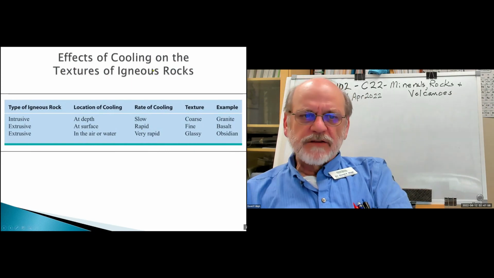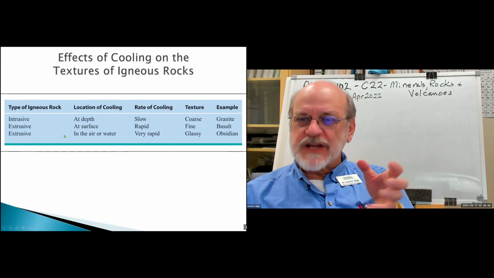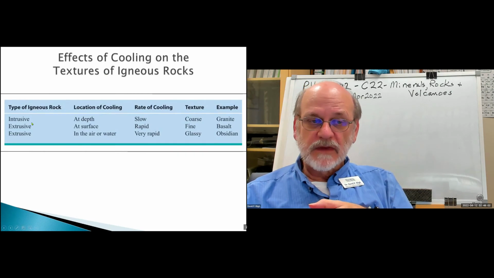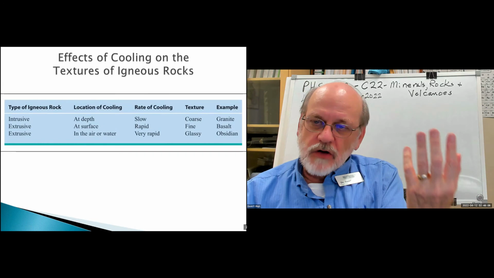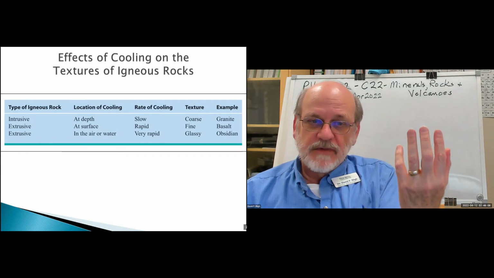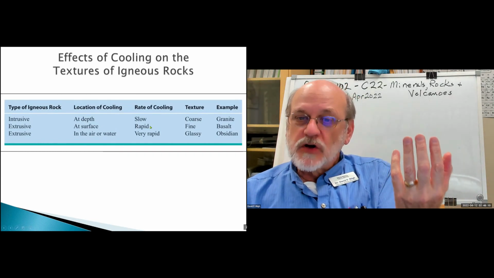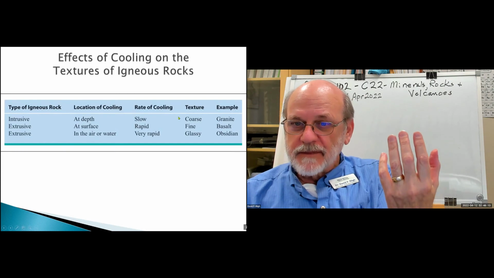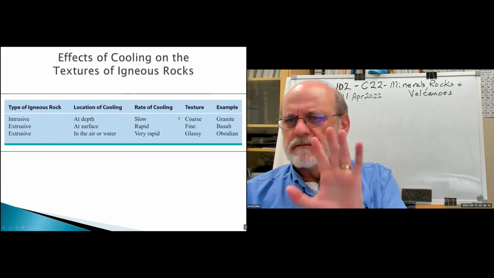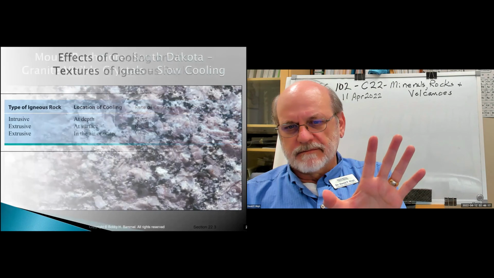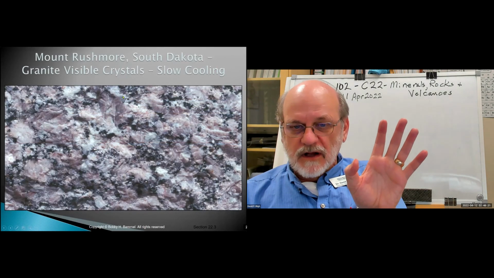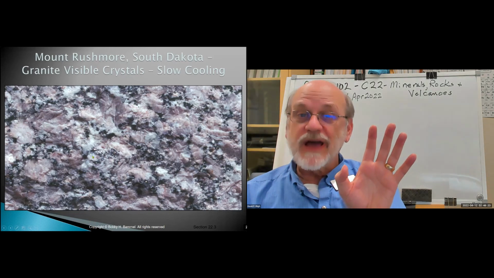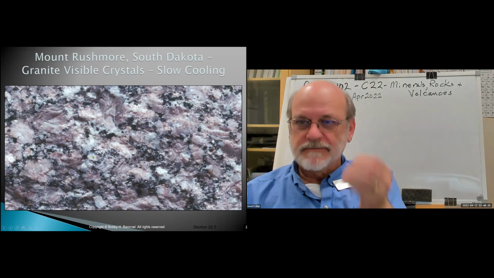Okay, so these are examples of types of igneous rock. Intrusive, so it bulges up into the underlying layers, but it doesn't reach the surface. At depth, cools very slowly. Oh, my mistake. I correct myself. These are large grains, large crystal grains, because this granite cooled very slowly.